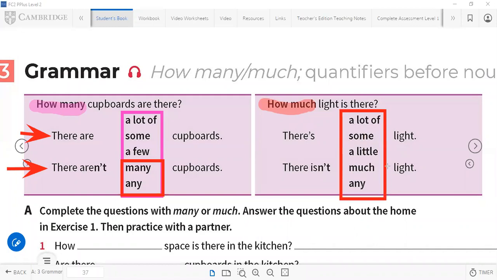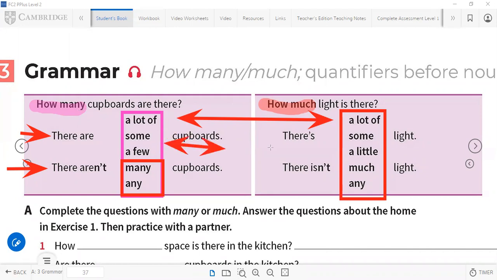The vocabulary is here. There's a lot of. We can see here, let me show you, that they are almost the same, right? So almost a lot of using how many and how much. It also has some, right?